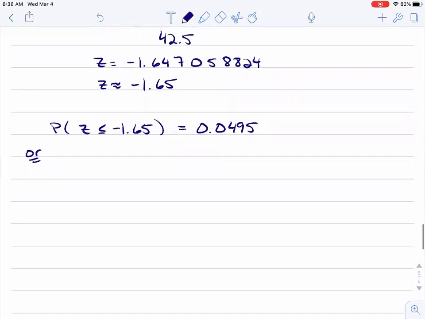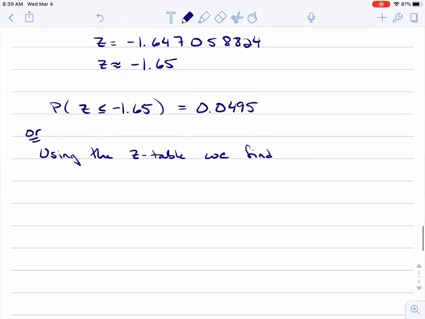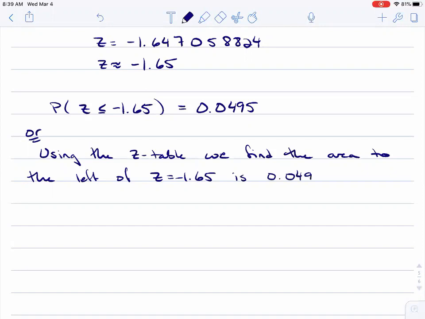Or you can say it in words, right? It's going to be a lot longer. That's why we have this probability notation, but it's kind of nasty if you don't like working with it. So you could say, using the z-table, we find the area to the left of z equal to negative 1.65 is 0.0495.